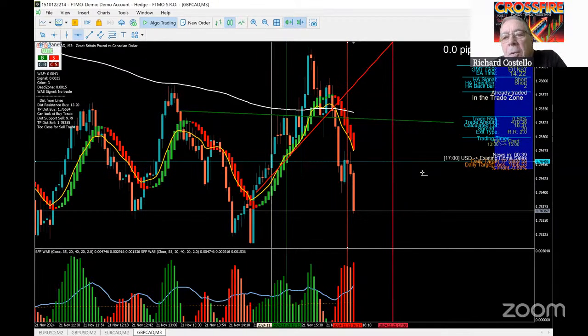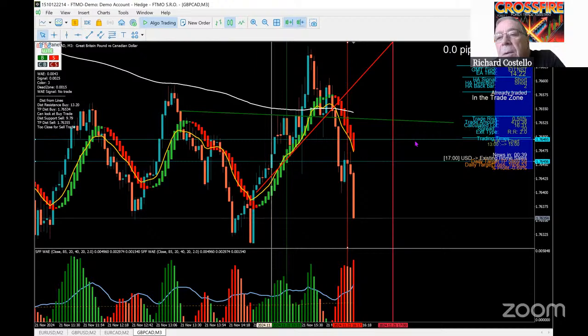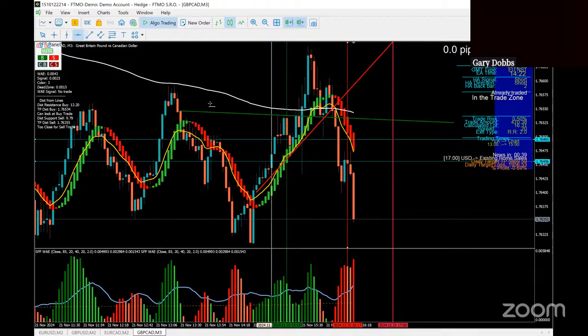On my settings, I would have a 4 pip stop loss. So I'll be looking at 7696. I've got 7695, so that's near enough. So there's your stop loss. And your take profit would need to be 8 pips. Yeah, mine's set at 4 pips.